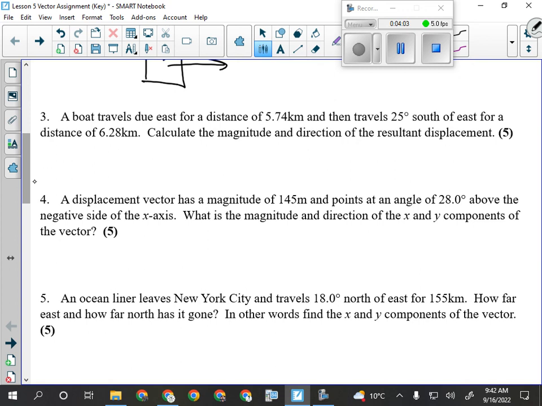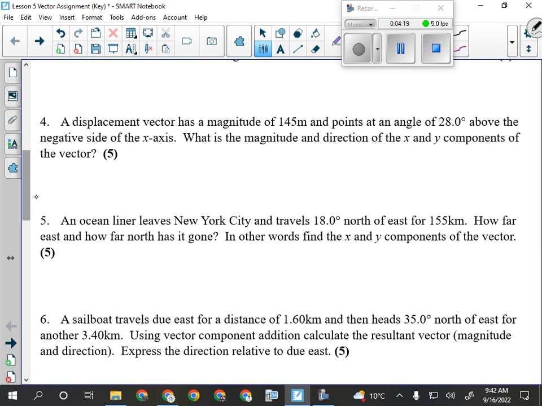All right, number 3. You've got 2 vectors there. It's very much like what you would see on your unit exam, a 5-mark question: draw them tail to head, do your thing, X and Y and all that. Question number 4 is just asking you for the X and Y components. It's giving you one vector and asking you to calculate X and Y. That's it, don't overthink it. The thing that people mess up on this question is the vector.